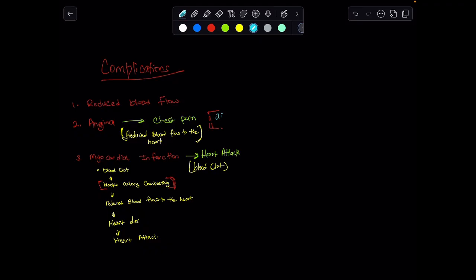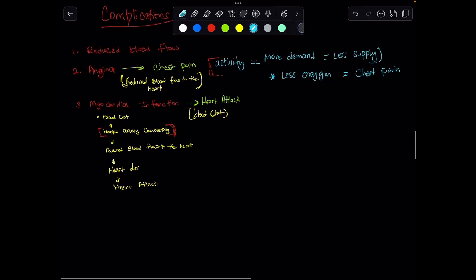So activity equals more demand with less supply, which is the end result. That's pretty much it.